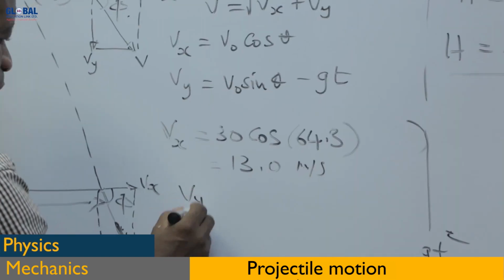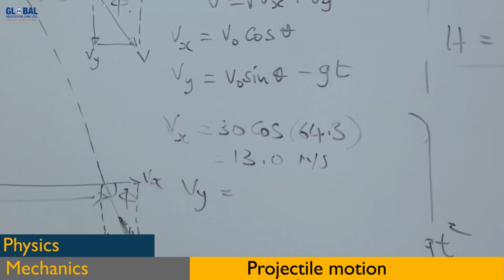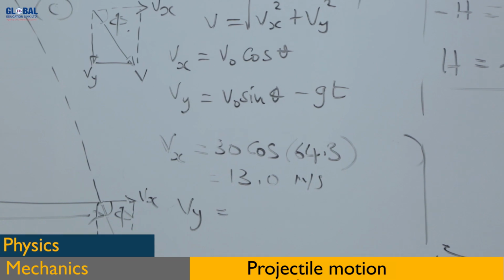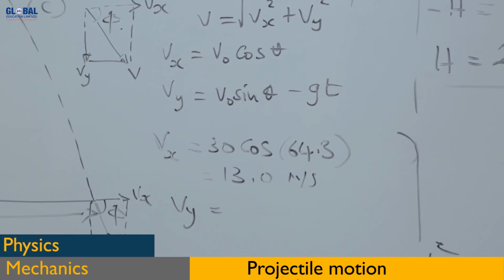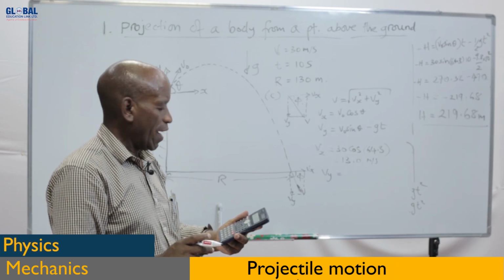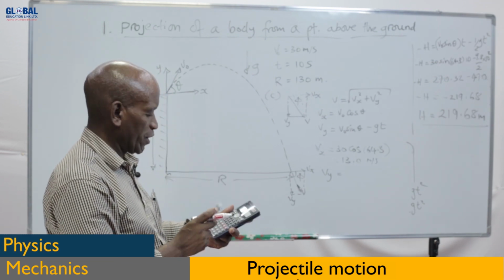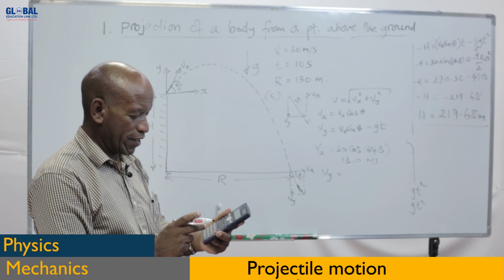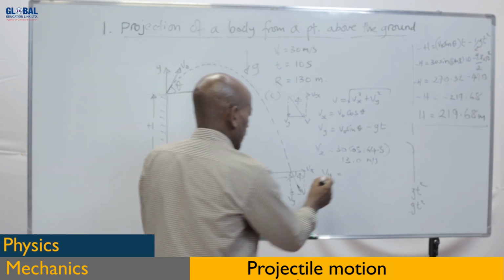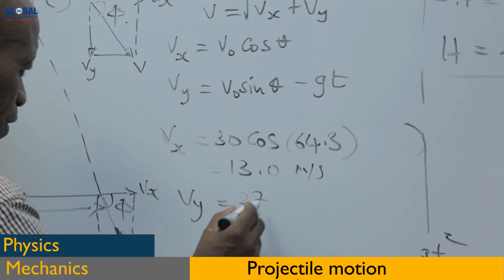And we can determine what vy is. Vy is v naught sin theta. So we compute the sine of 64.3 and multiply by v naught, which is 30.